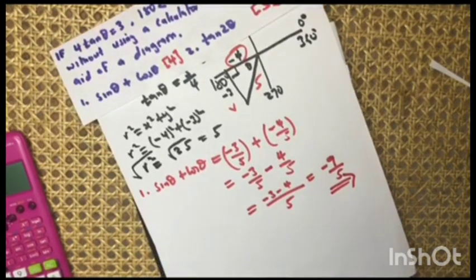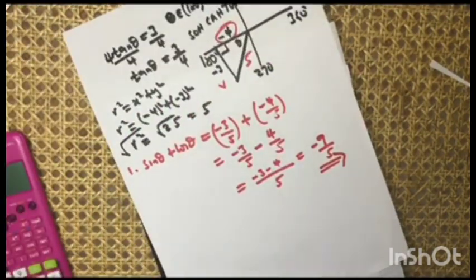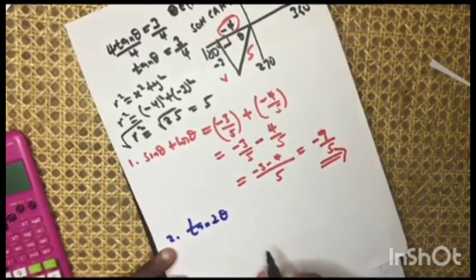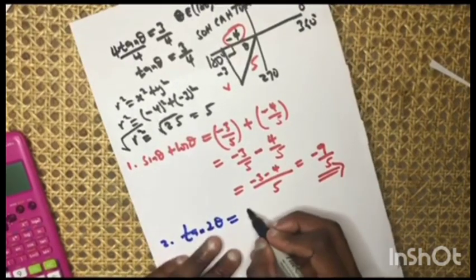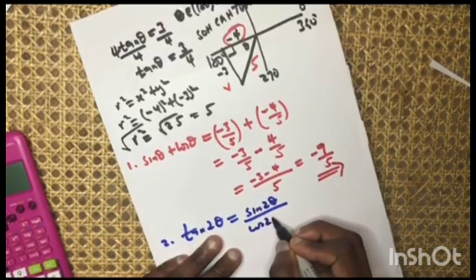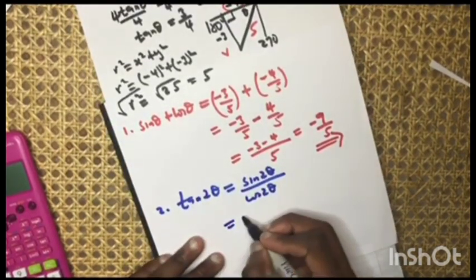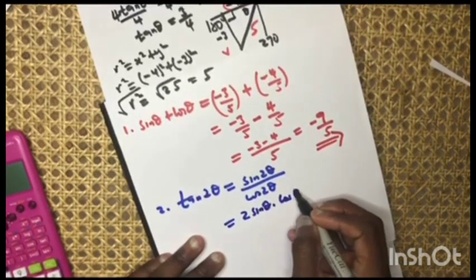Then number 2, they want tan 2 theta. So guys, we know that tan 2 theta is the same as sine 2 theta over cos 2 theta. We can break this one into double angles, so it's 2 sine theta cos theta.